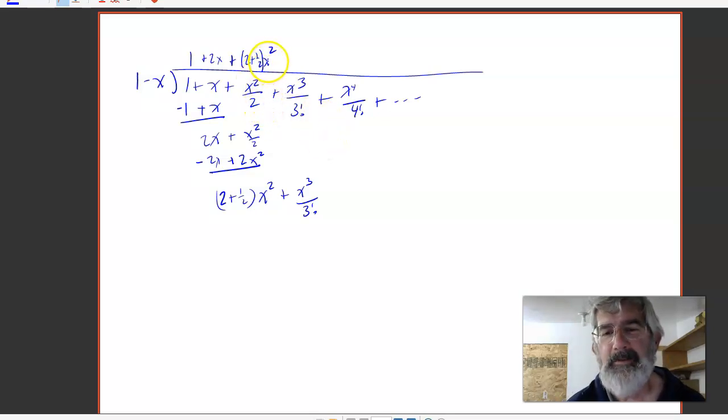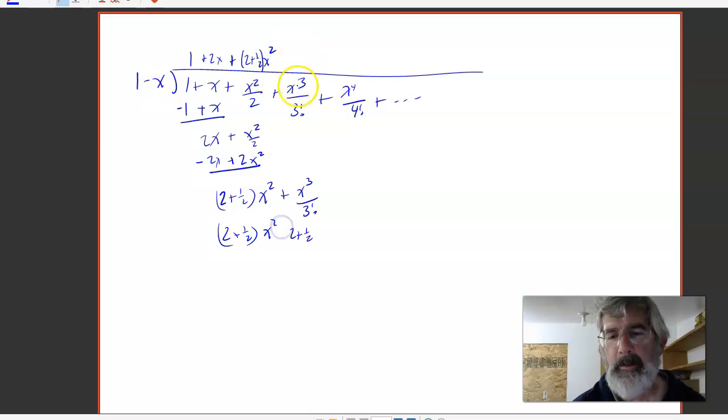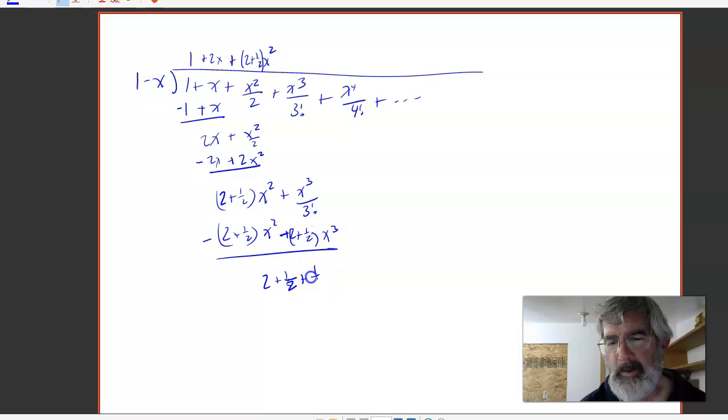So I've got 2 plus a half x squared times this whole thing. This should be a minus sign, and that's in parentheses times x cubed now, right? Because the x squared times x is x cubed. Subtract. Change the signs and I add. And so now I've got 2 plus a half plus 1 over 3 factorial, that whole thing times x cubed.